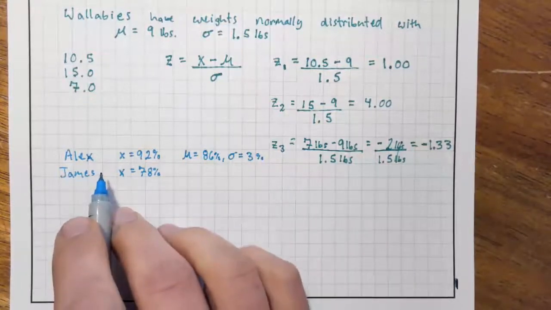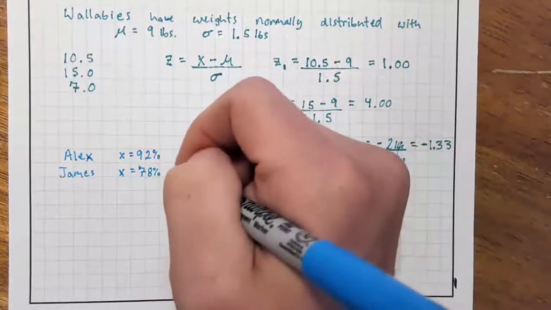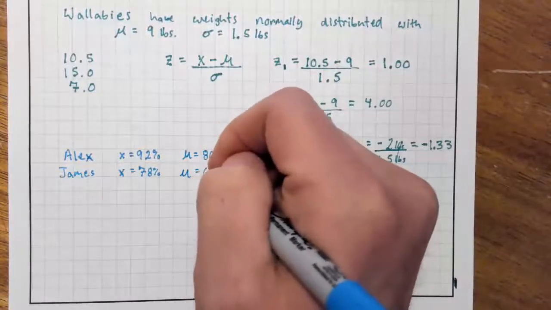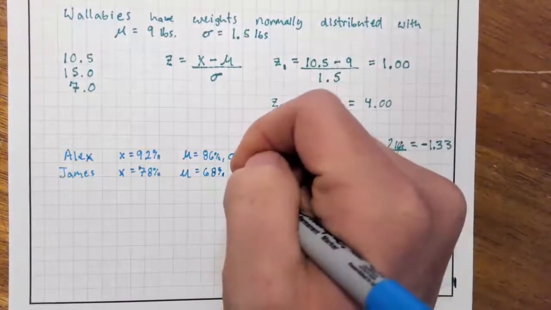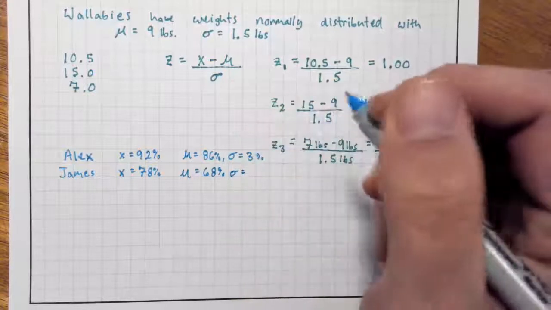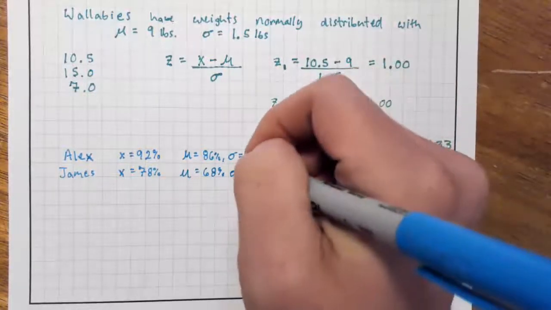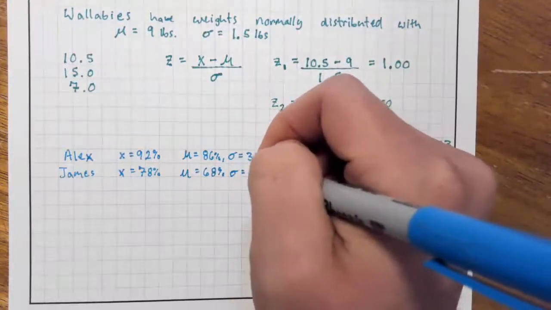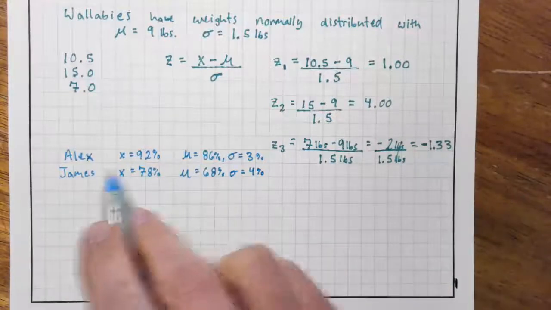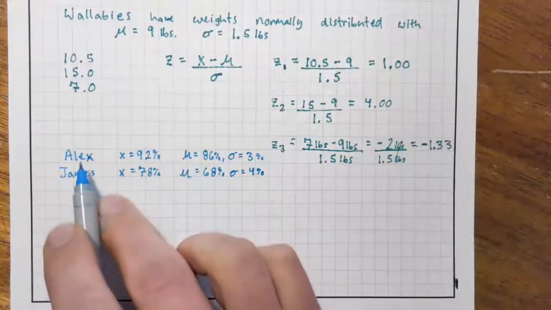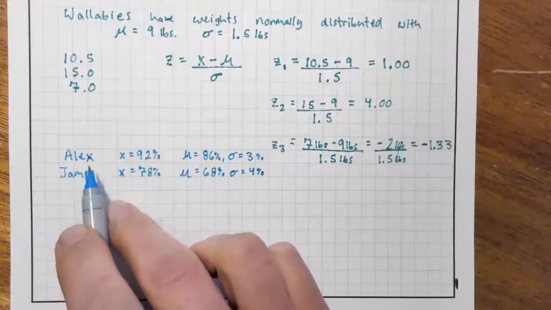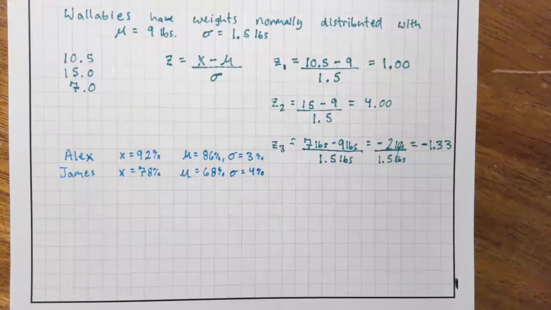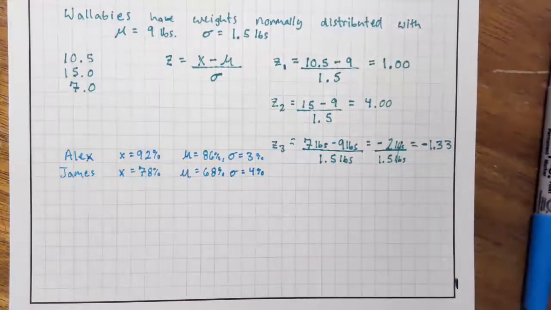Now James scored a 78%, and the class average was a 68% with a standard deviation of 4%. Okay, so you're going to see this kind of stuff a lot. So just based off of these two different distributions, they kind of tested on the same type of content, who performed better relative to their class? And how you would answer that is finding a z-score.